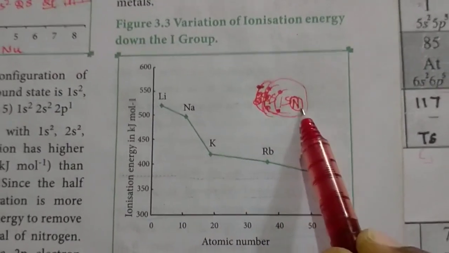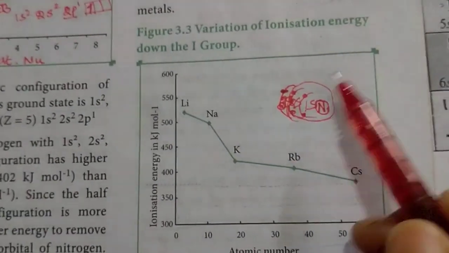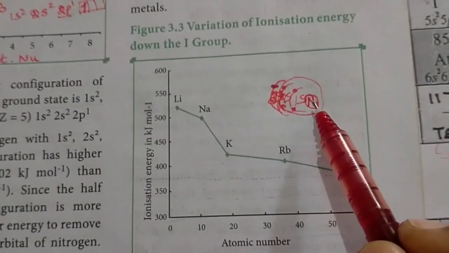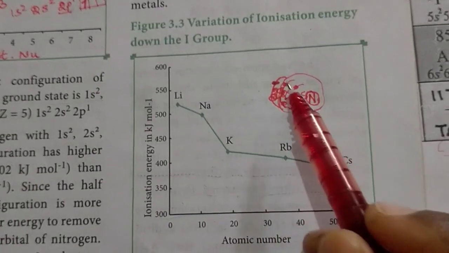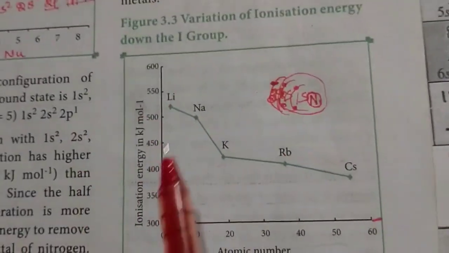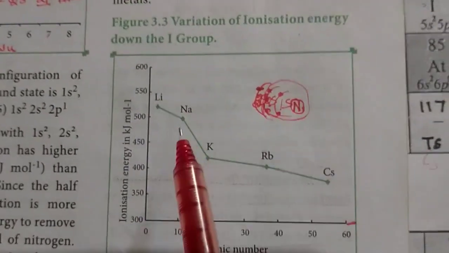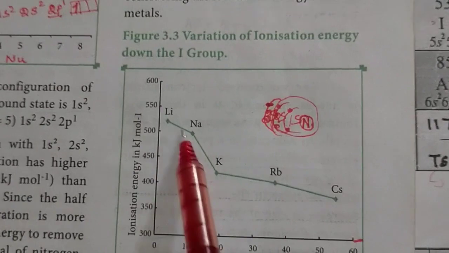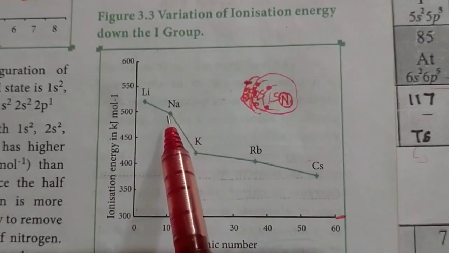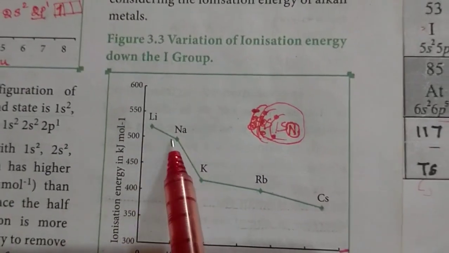Because of this screening or shielding effect, the nuclear attractive force from the nucleus to the valence electron decreases. Because of the decreased attractive force of the nucleus, the valence electrons, which are generally loosely bound electrons, are easily removed.